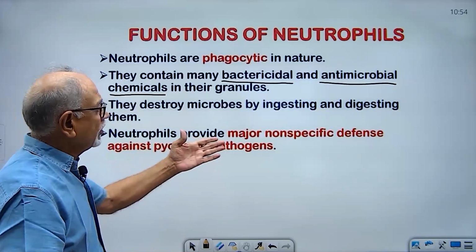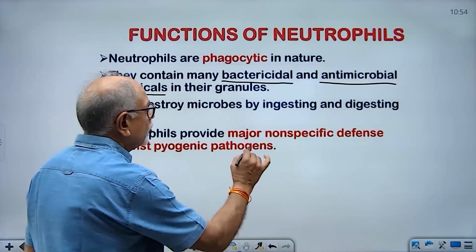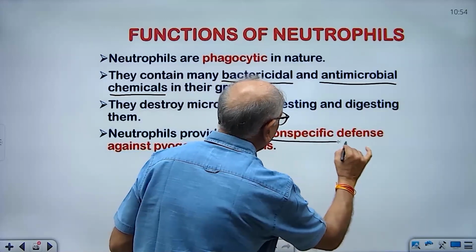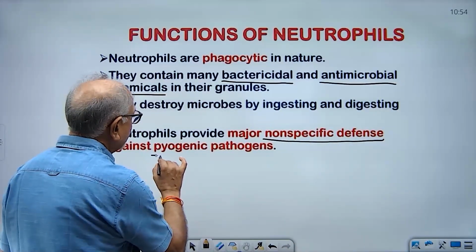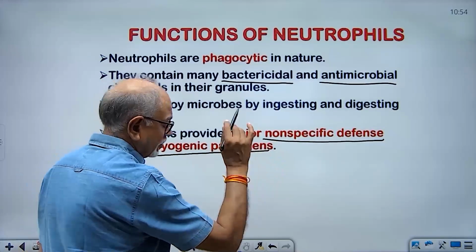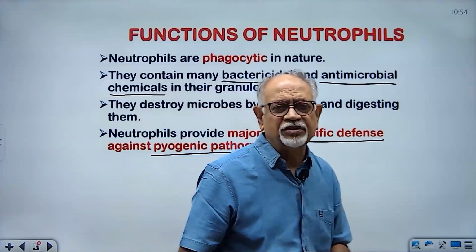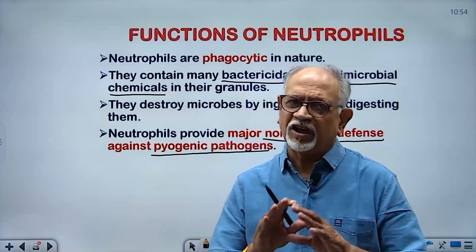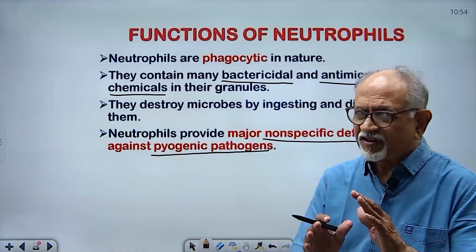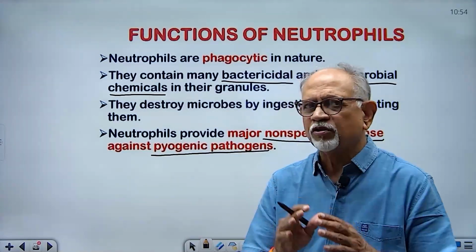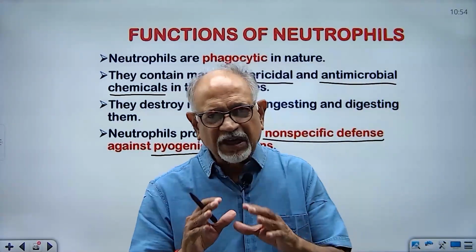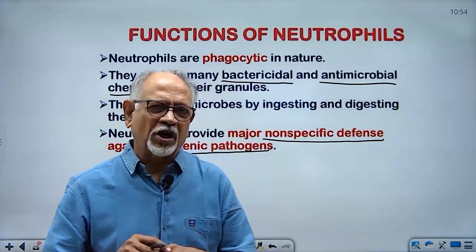Now, neutrophils provide non-specific defense against pyogenic pathogens. As I just mentioned, pyogenic pathogens are those when some body part is infected with such pathogens, then there is an inflammation in that part.